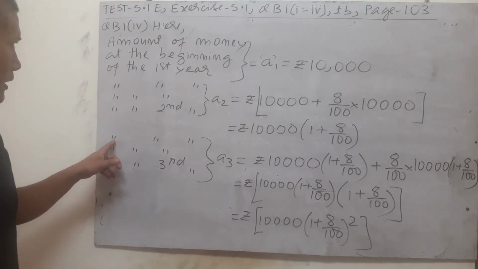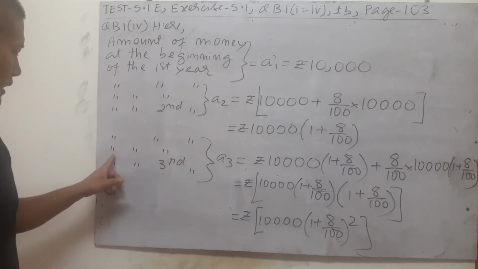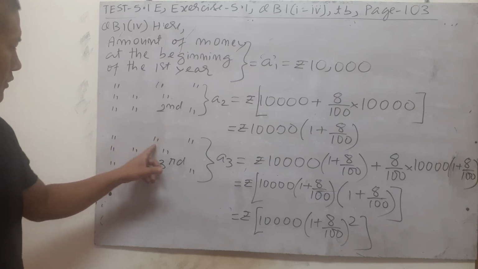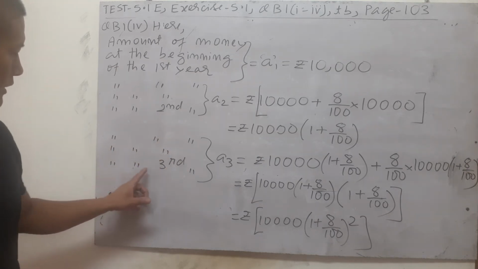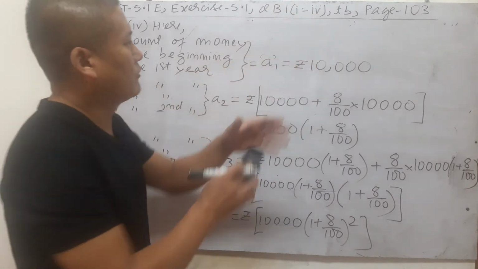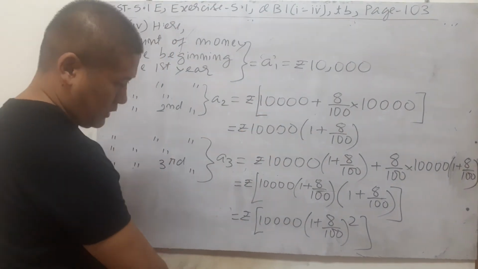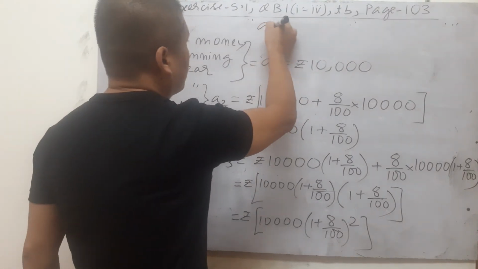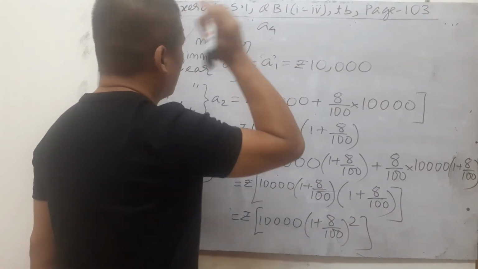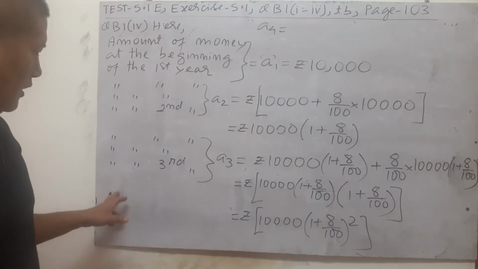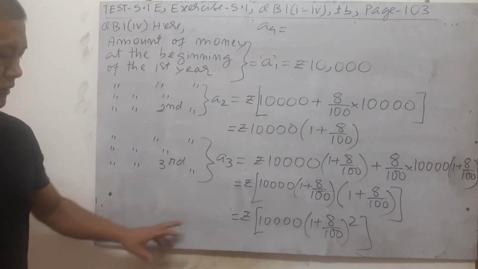Amount of money at the beginning of the third year. So the amount of money at the beginning of the fourth year, you write down below this, is A4.